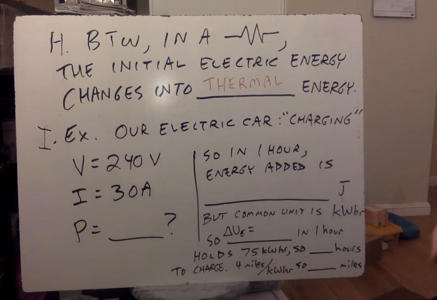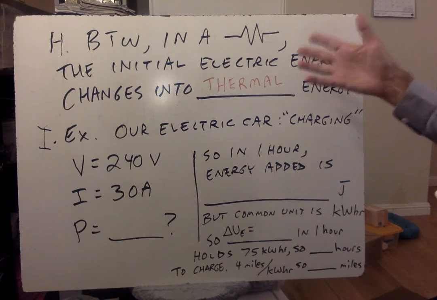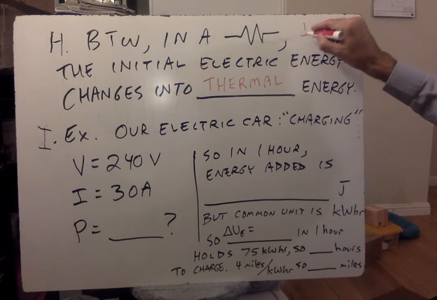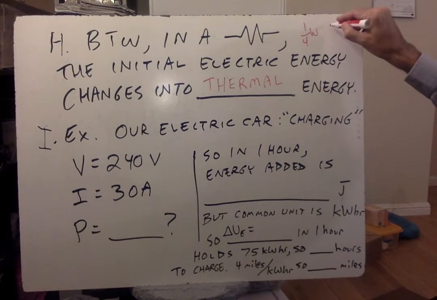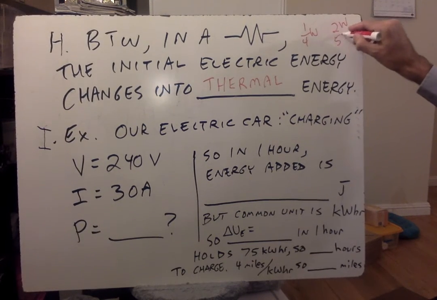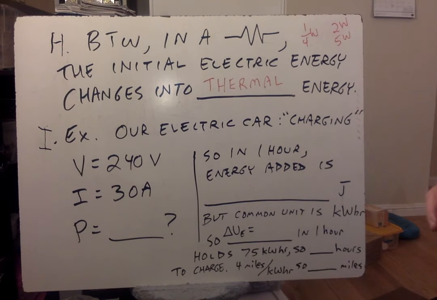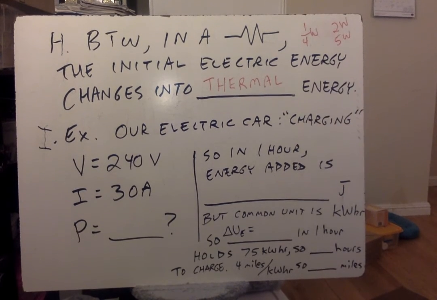All resistors come with a power rating, and that tells you the maximum power you can put on them before they melt. Typical power ratings might be 1/4 of a watt to 2 watts, or even 5 watts. In everyday life, a 5-watt resistor is a pretty big power rating, able to handle that kind of dissipation of thermal energy.